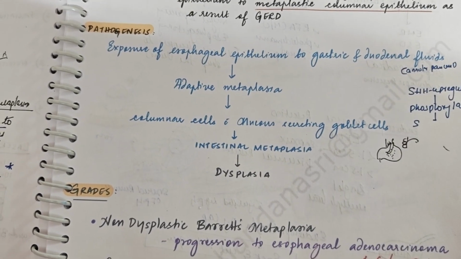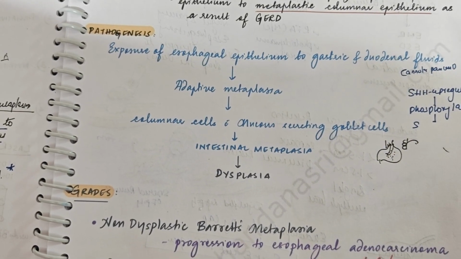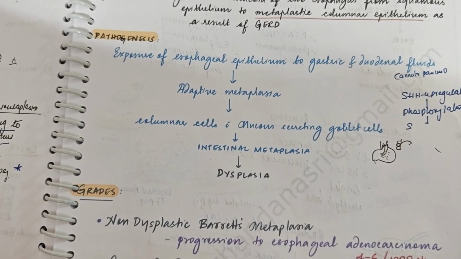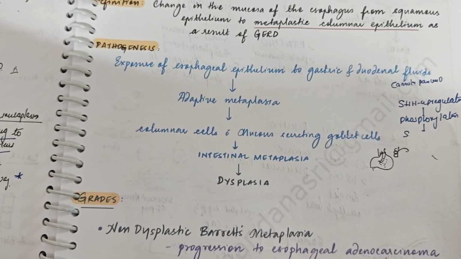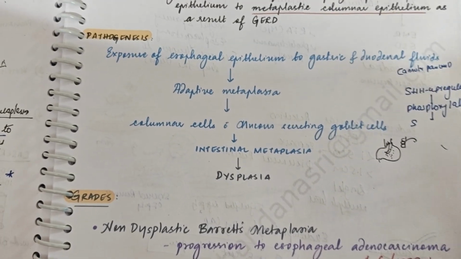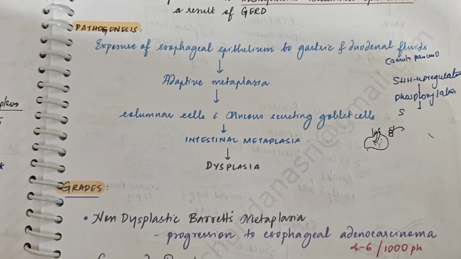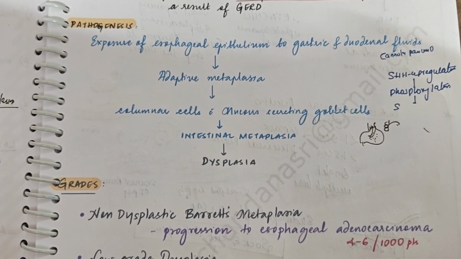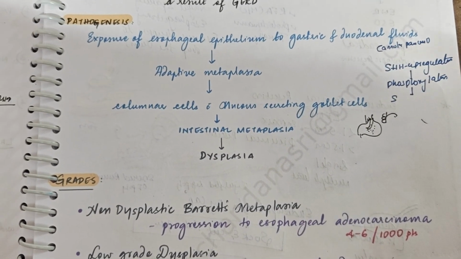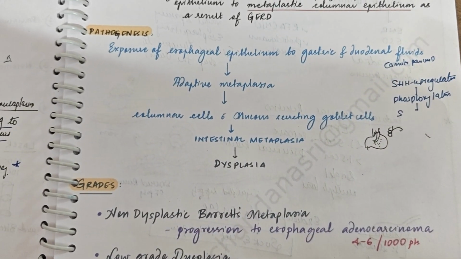And this columnar epithelium has mucus-secreting goblet cells, and these are intestinal columnar cells, which I have already discussed. If the reflux continues from the stomach and duodenum into the esophagus, in the later stage the metaplasia converts into dysplasia.